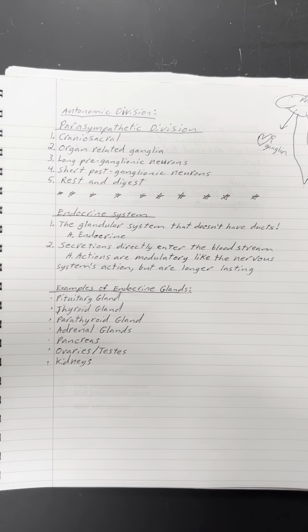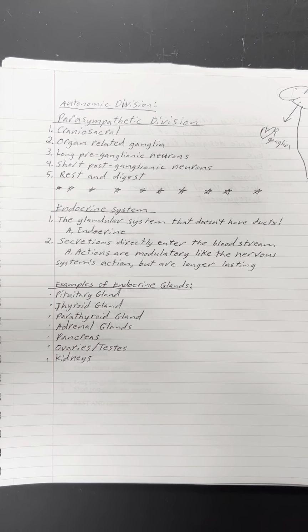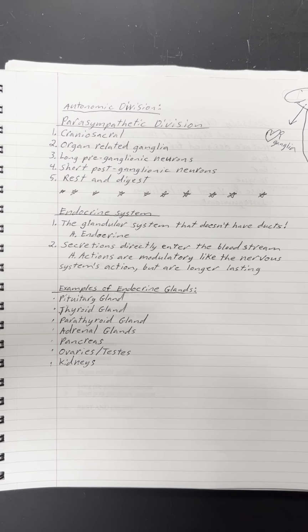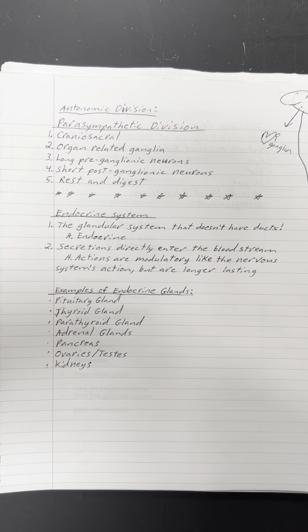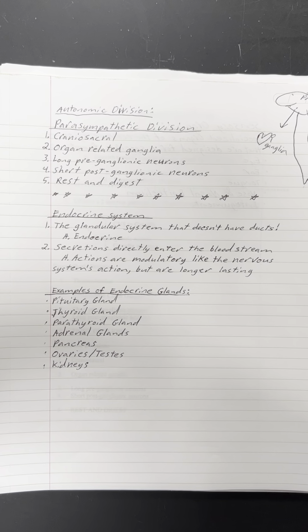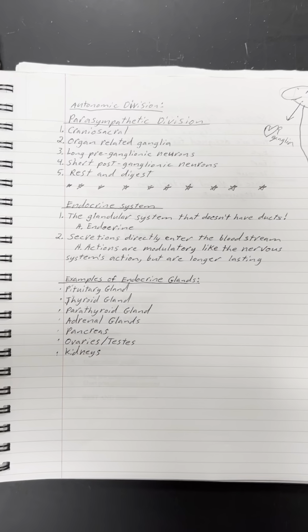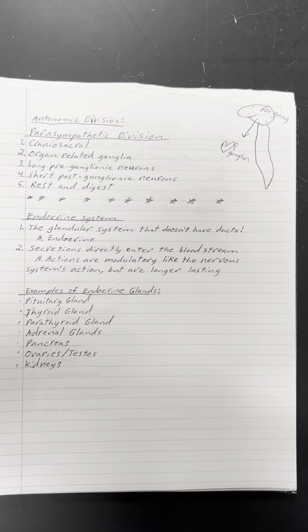Endocrine system, the glandular system that doesn't have ducts. Secretion directly enters the bloodstream. Actions are modulatory, like the nervous system's actions, but are longer lasting.